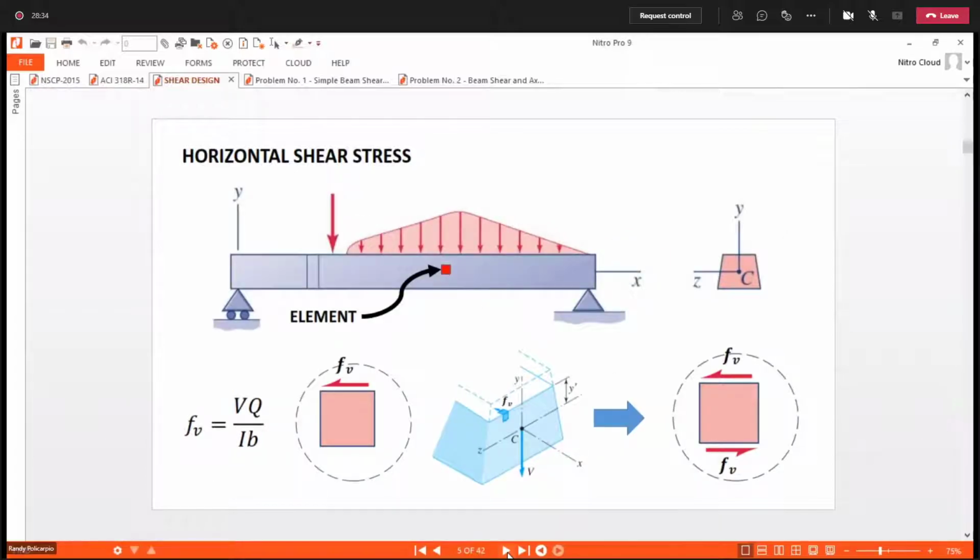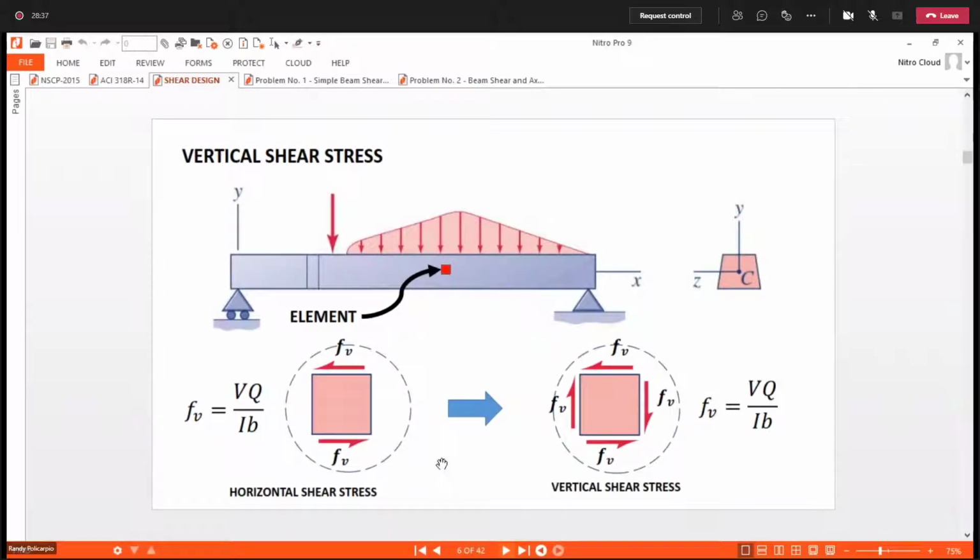Since, as I mentioned, the dimension of this element is infinitesimal, we can also say that the vertical shear stress on the right side of this element is also equal to FB.